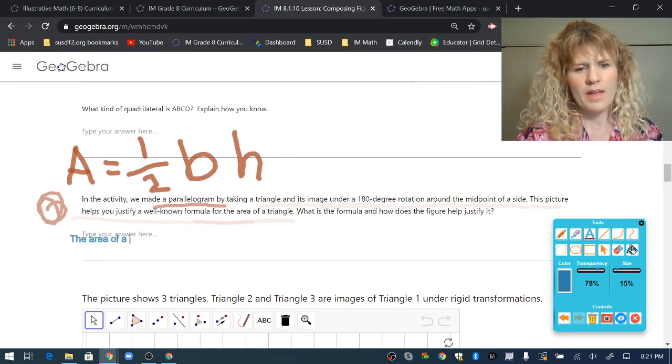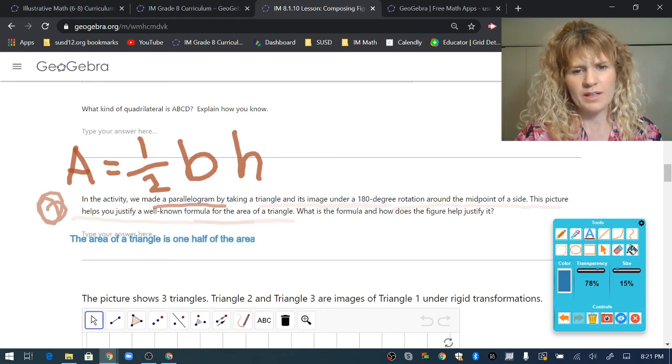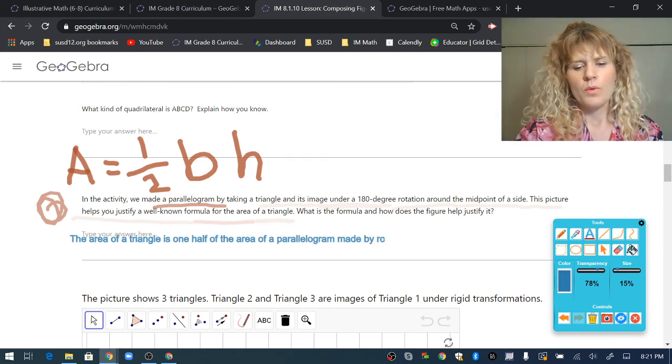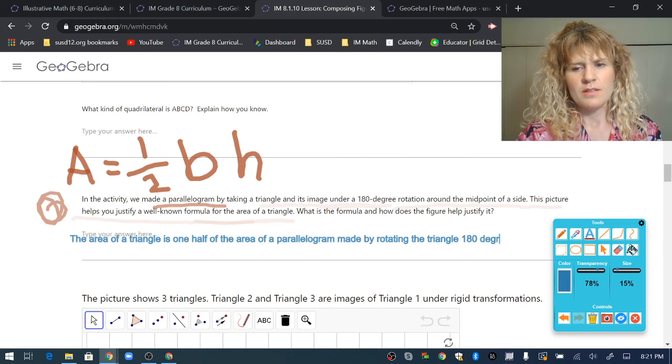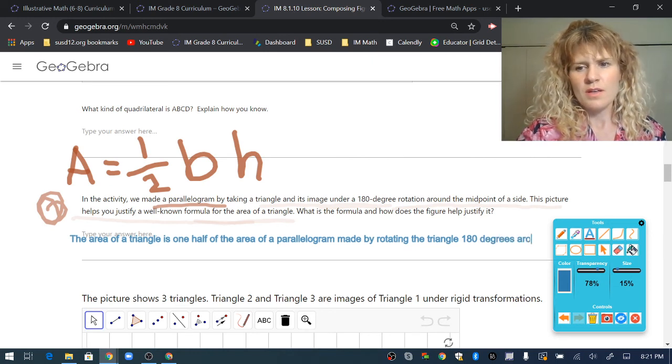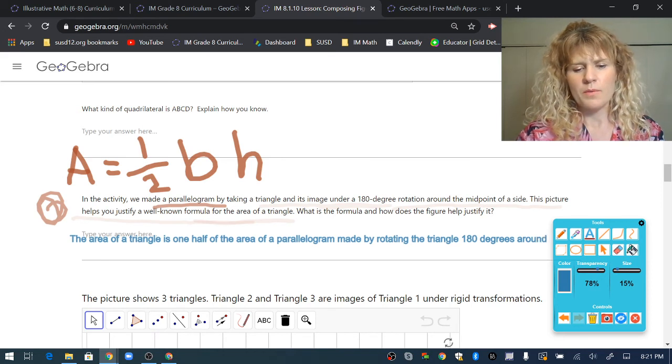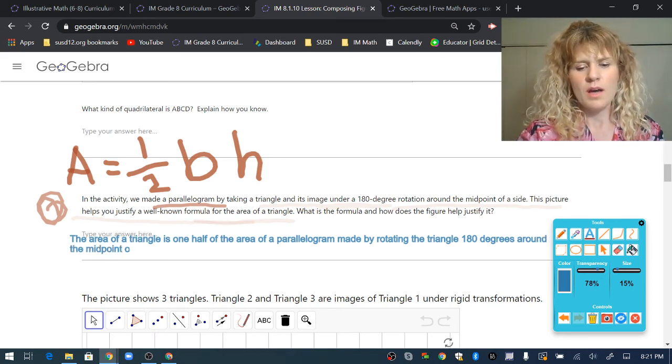The area of a triangle is 1/2 of the area of a parallelogram made by rotating the triangle 180 degrees around the midpoint of one of its sides.